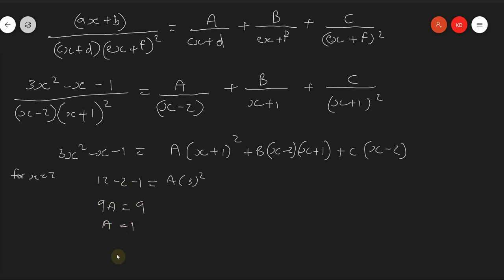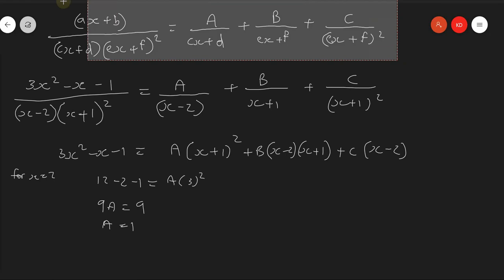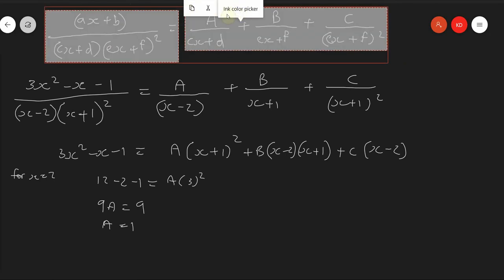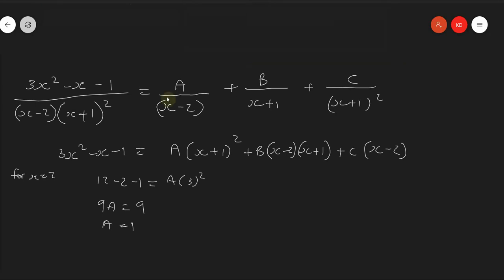Good. And let's choose another value that's convenient. Let me just clear the top here. I'll be using it in a bit. Good. Let's use x equal negative 1.